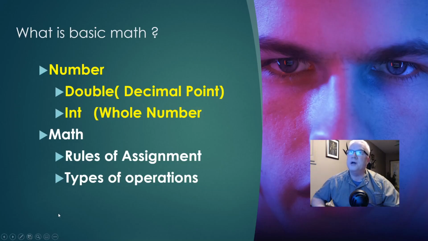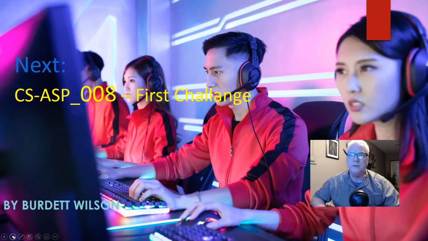We, of course, we looked at some basic math. We used doubles mainly is what we used. But we looked at rules of assignment, and we also talked about the type of operations that we could do. And then we did that little project. All kind of an interesting way to kind of expand our use of numbers in what we're doing.